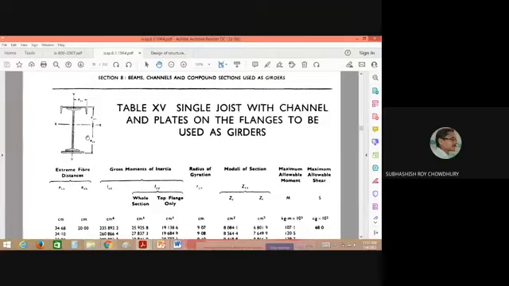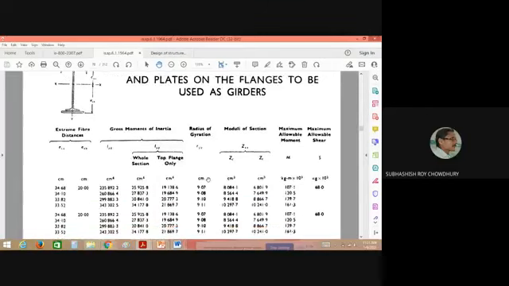But at this moment, we are considering the standard rolled steel beam sections, but its strength is enhanced by connecting some additional standard sections with it.